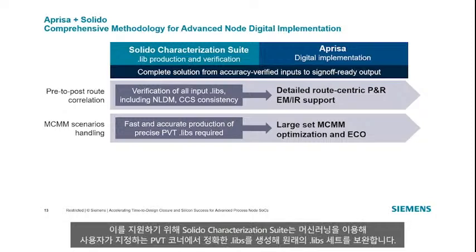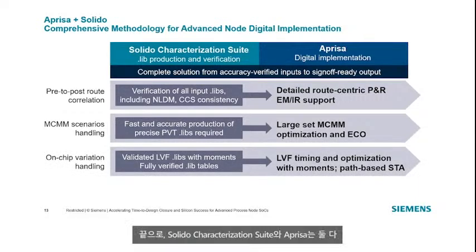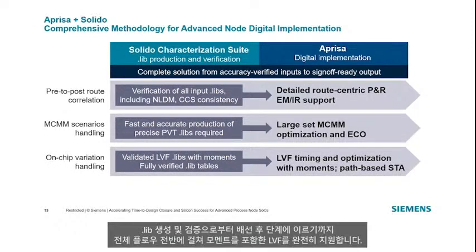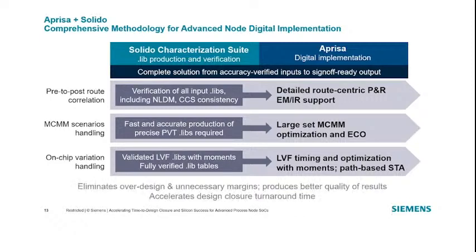To support this, Solido Characterization Suite uses machine learning to produce accurate .libs at PVT corners specified by the user to supplement the original set of .libs. And finally, both Solido Characterization Suite and Aprisa fully support LVF, including moments, throughout the entire flow from .lib production and verification all the way to post-route stages.